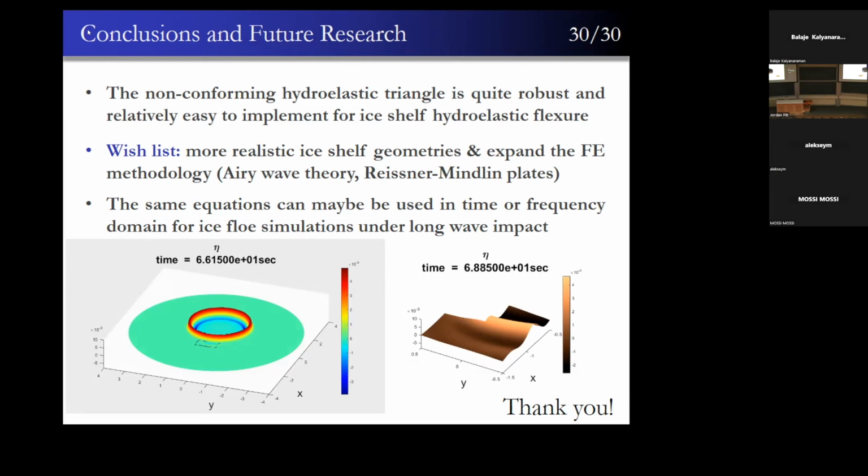Another question. Have you considered other methods like DG, discontinuous Galerkin? Is it applicable for these kinds of problems? We are currently working on discontinuous Galerkin for the fourth order problem. There are several studies regarding that. Discontinuous Galerkin is way more general.